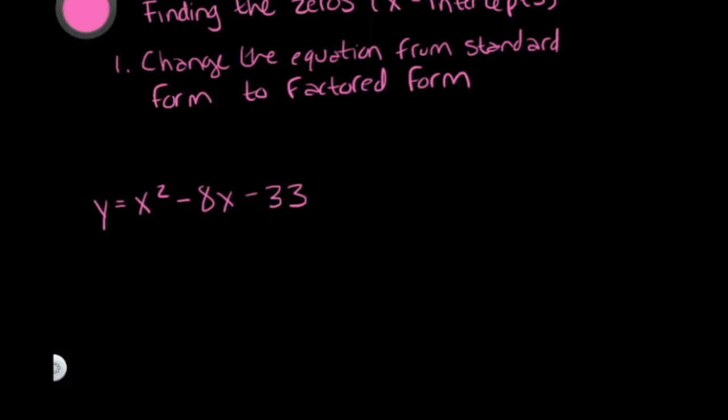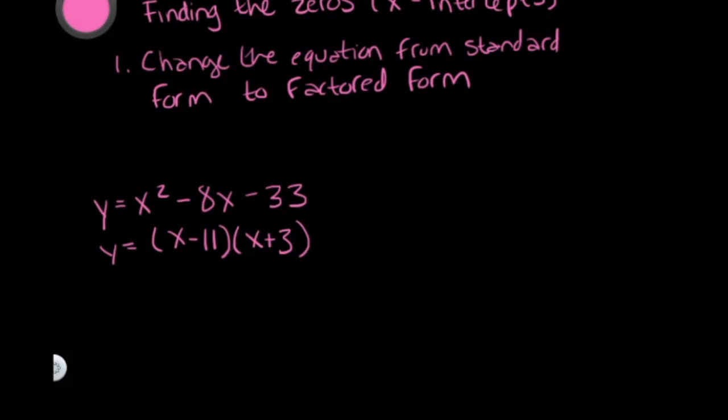Well, those two numbers are going to be negative 11 and positive 3. So that would be y equals x minus 11 and x plus 3. So that's factored form, right?